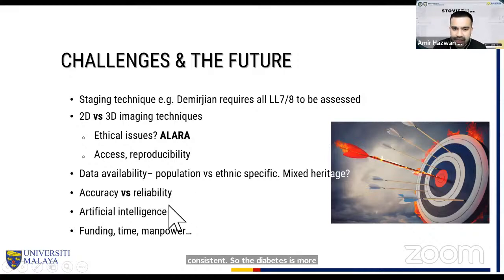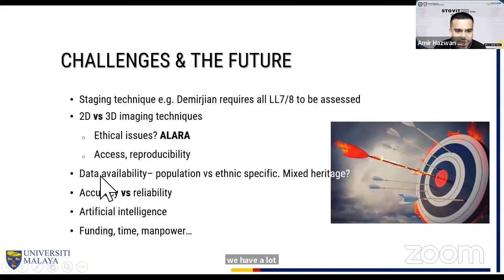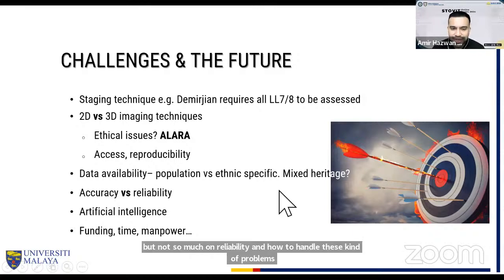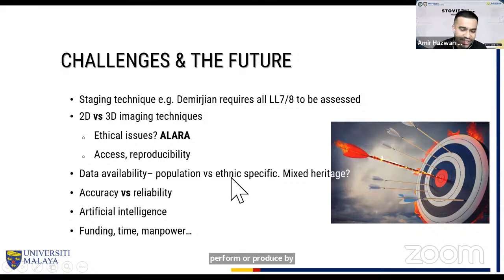In our dental age estimation research, we have a lot of papers and articles talking about accuracy, but not so much on reliability and how to handle this kind of problem. Whether other scientists from Malaysia can reproduce the technique that has been produced by scientists in Indonesia, for example.